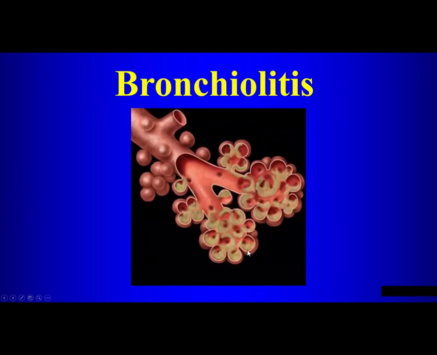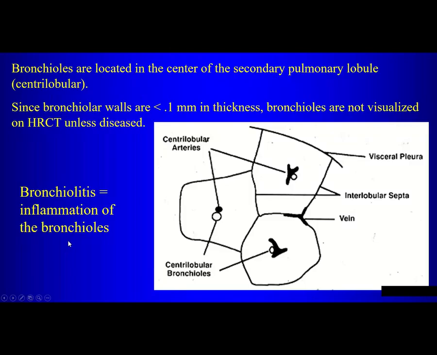Now bronchiolitis, when we get inflammation of the airways, and if you get pus, you can have tree and bud opacities from infected secretions within the airways, and that's a nice illustration of how you get a tree and bud pattern from bronchiolitis. So the bronchioles are located in the center of the secondary pulmonary lobule. They are centrilobular.